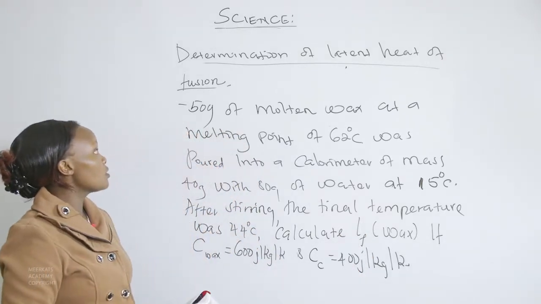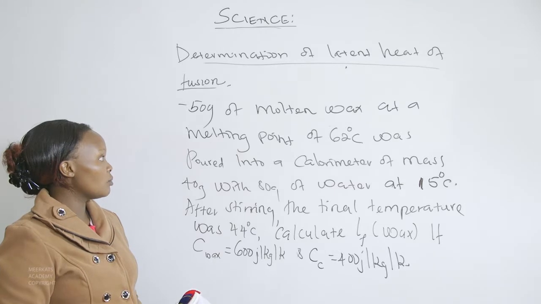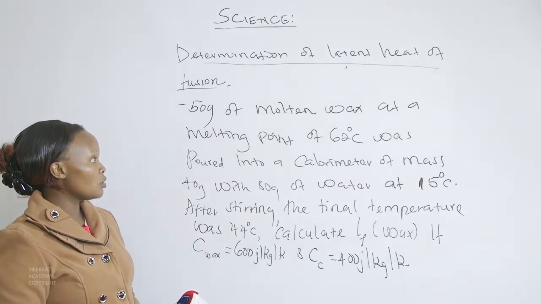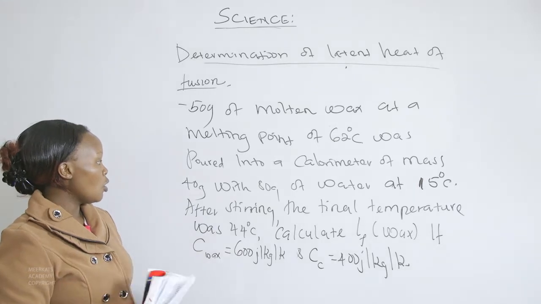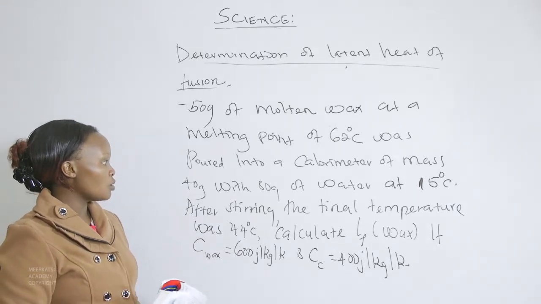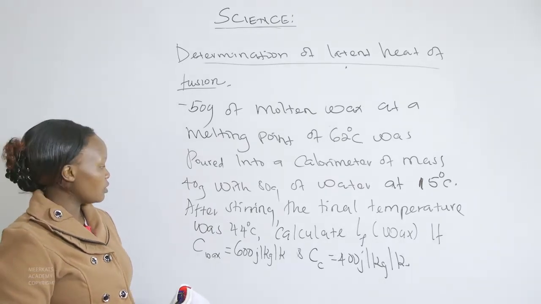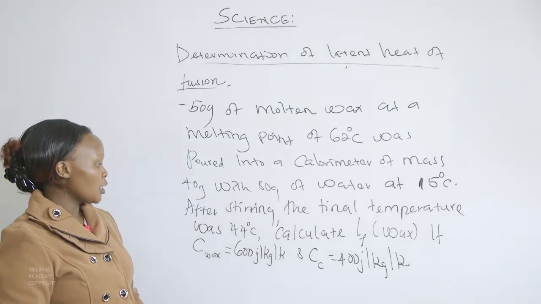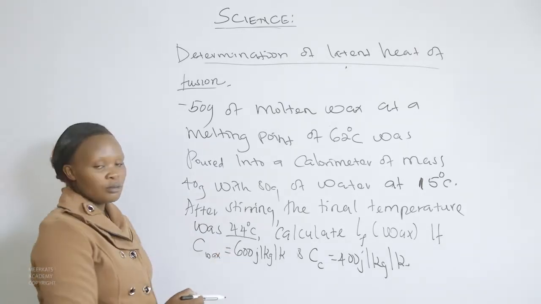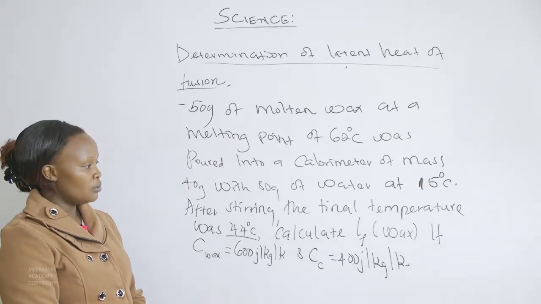Now the question reads, 50 grams of molten wax at melting point of 62 degrees centigrade was poured into a calorimeter of mass 40 grams with 80 grams of water at 15 degrees centigrade. After stirring, a final temperature of 44 degrees centigrade was actually realized.